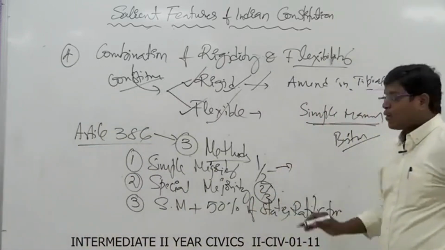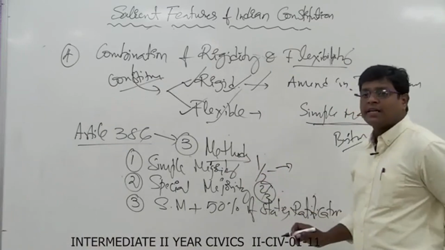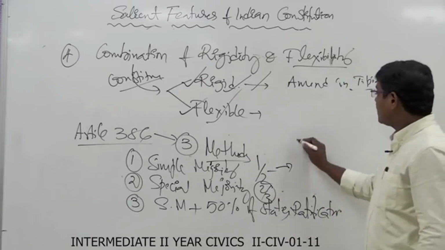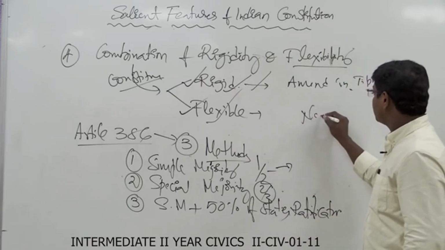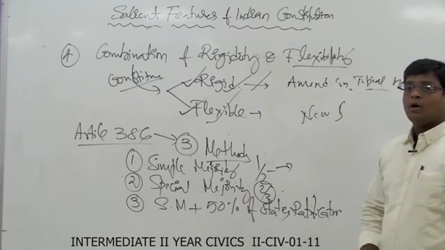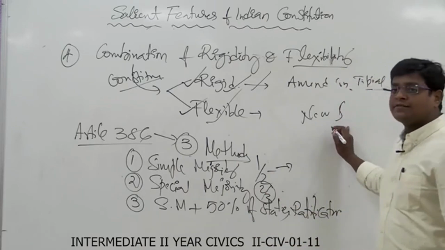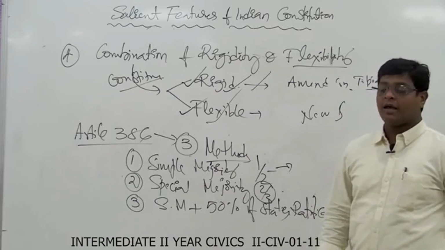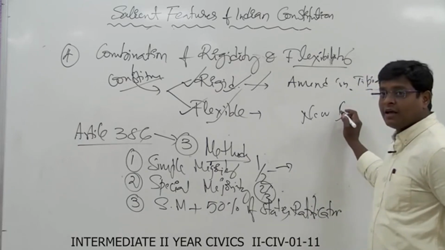What are the important provisions to amend by simple majority? For example, creation of new states. For example, at the time of the formation of Telangana, we amended Part 1 of the Constitution under Article 3. Understood?